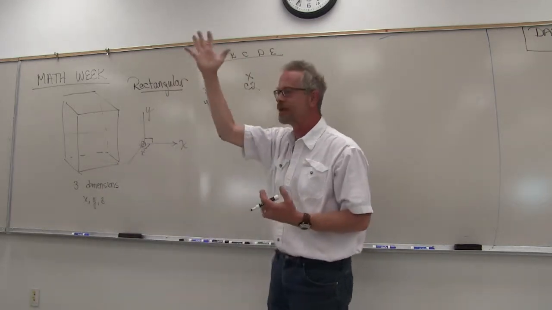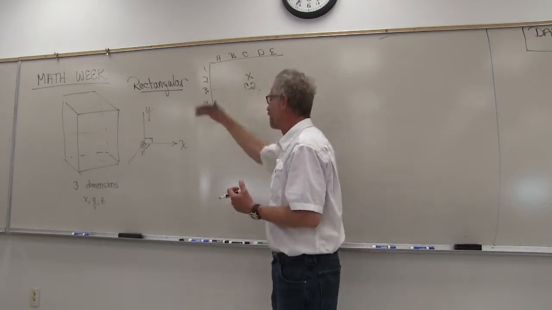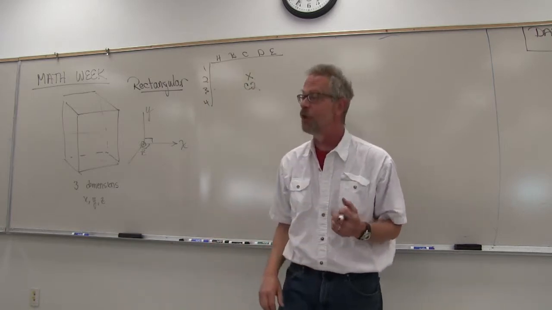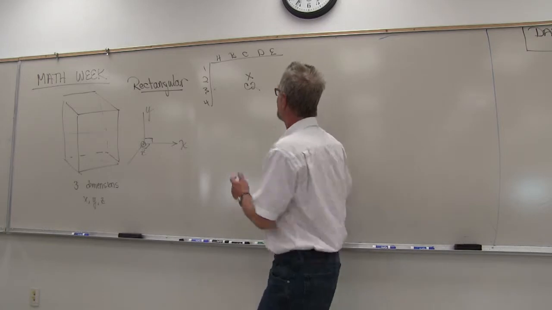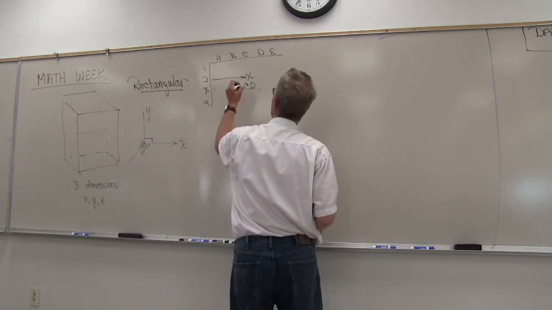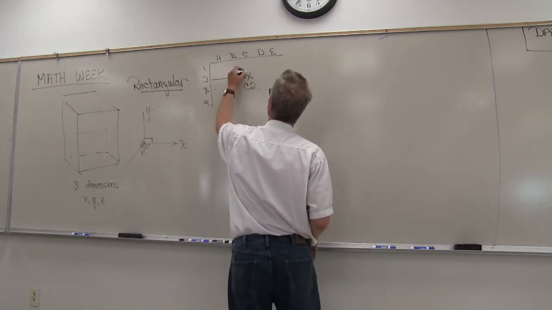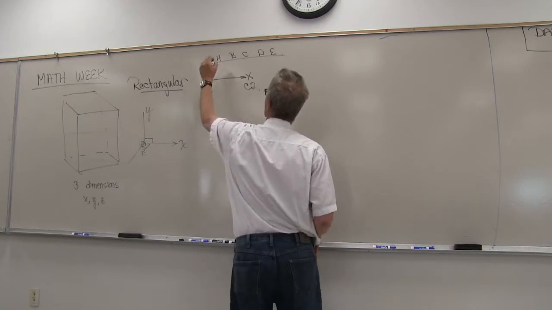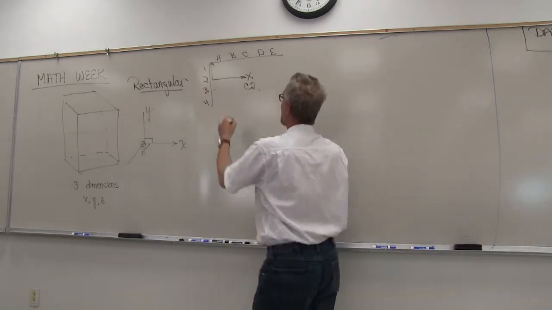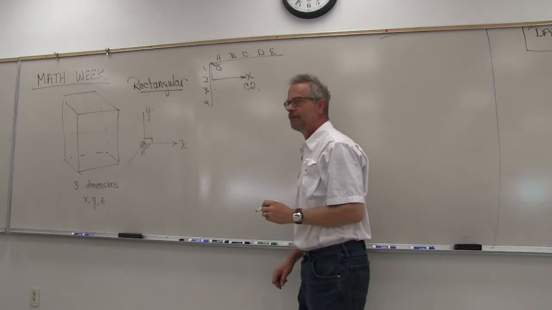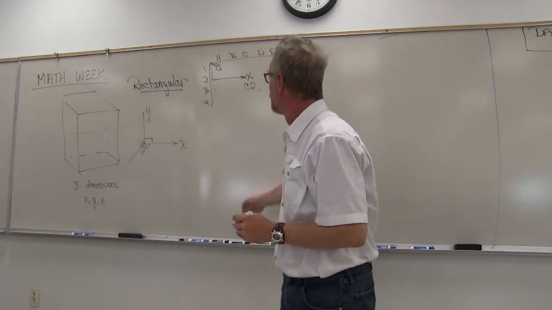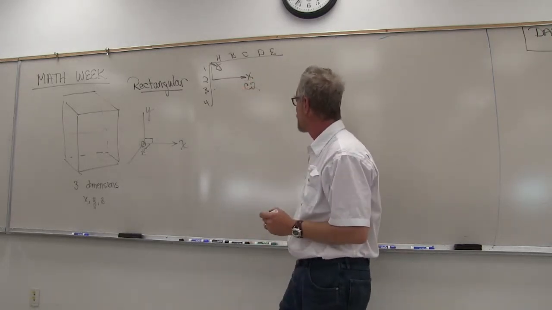If we look at those sheets as coming out of the board, we can establish data in 3 dimensions if we want to. But for us, we're basically looking at a distance in this direction and a distance in this direction, this being X and that being Y. Okay? That's what we refer to as rectangular coordinates.